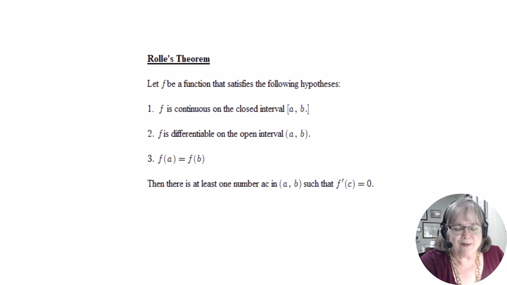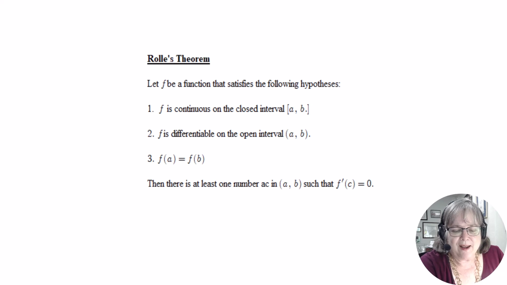All right, so we are going to start off with the definition of what Rolle's theorem is trying to get across to us. Rolle's theorem says, if you have some function and it satisfies the following hypotheses: 1, f is continuous in some closed interval [a, b]. 2, f is differentiable on the open interval (a, b), not counting the end pieces.